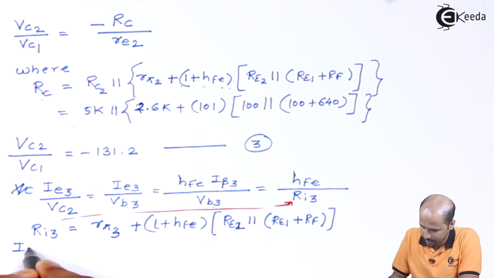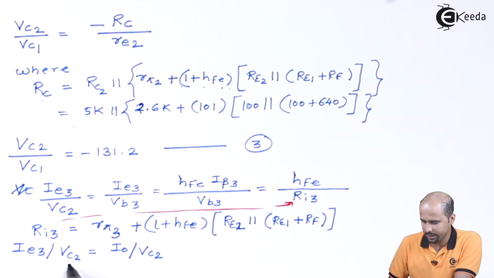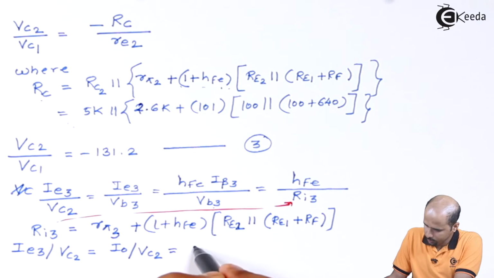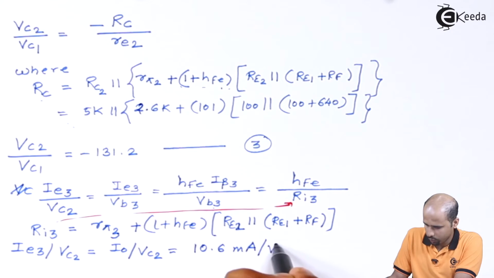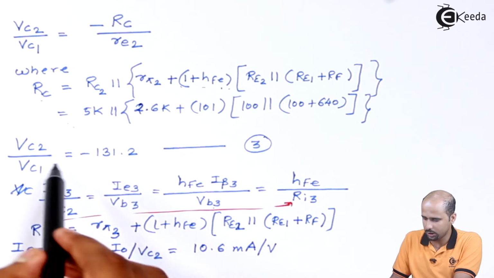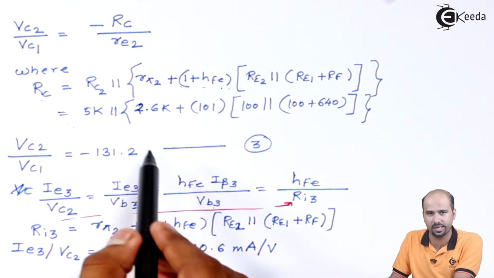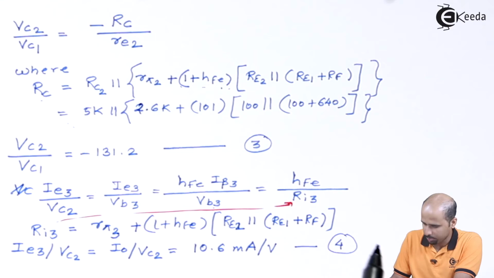According to my calculation, IE3 divided by VC2, that is IO divided by VC2, is equal to 10.6 milliampere per volt, because it is a current to voltage ratio. In earlier equations we did not consider any unit because it's a voltage to voltage ratio. Here it is a current to voltage ratio. I will treat this as equation number 4.